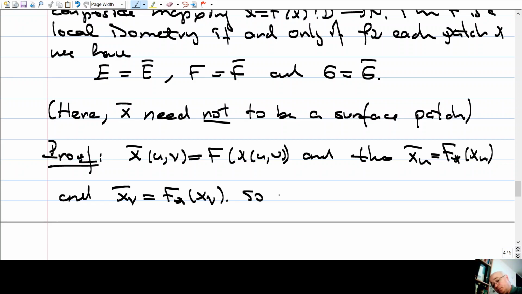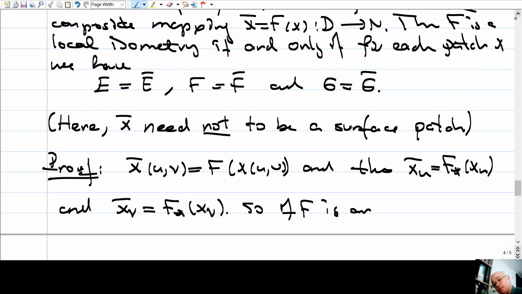So if f is an isometry, local isometry, right?